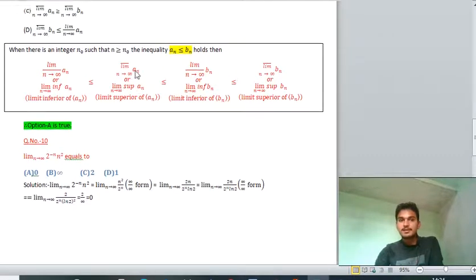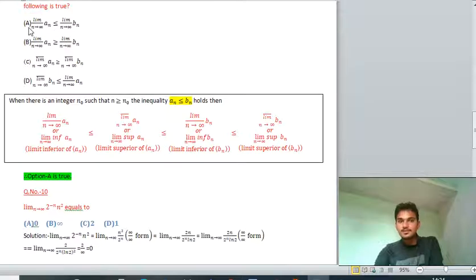So by observing this, you can say this option is true.